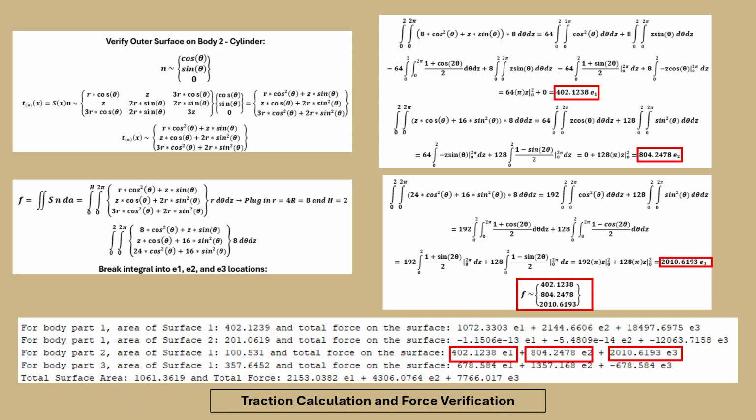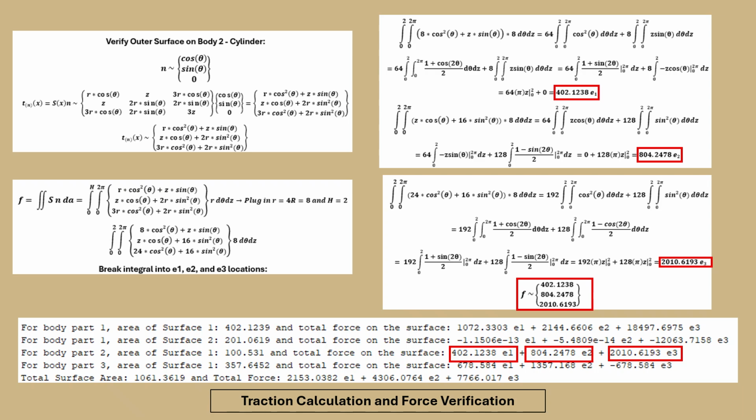Then I integrated over theta and z, multiplying by r, which is just dA, from 0 to 2 pi and 0 to h. I defined r as 8 and h as 2.